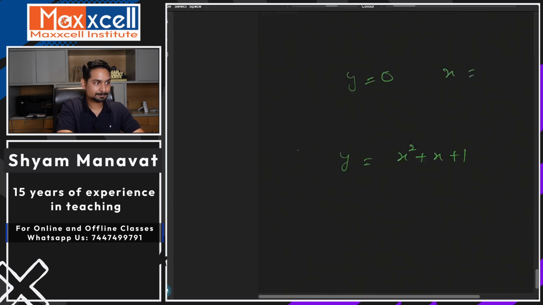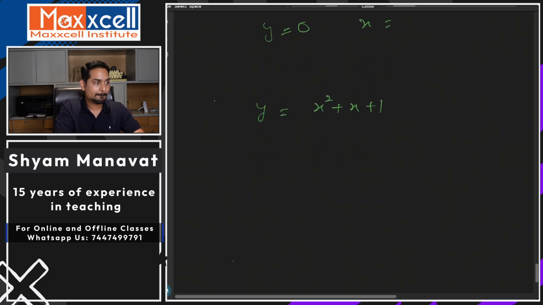How do you deal with that? You know what it means? It means that the graph does not touch the x-axis when the roots are imaginary. Note it down.